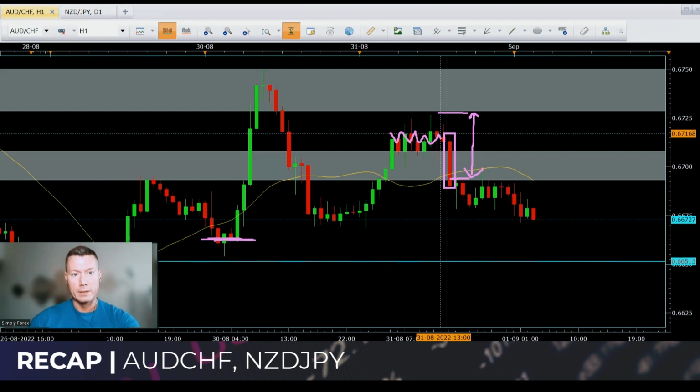I'll close 80% there for roughly 1:1, and then leave 20% to run. I won't close 20% at this blue line. I'll just leave 20% to run, potentially down to the bottom of that daily range.